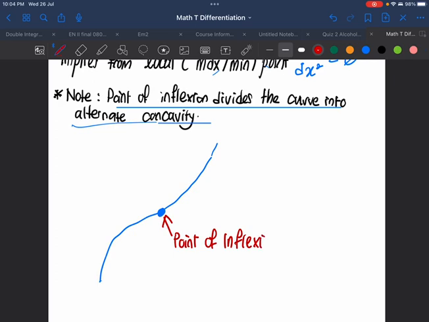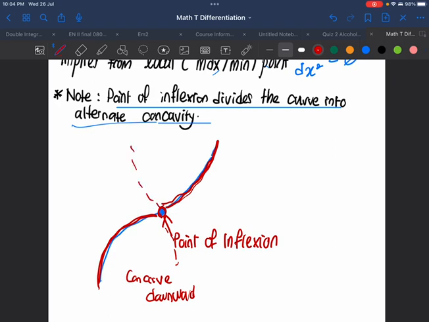You can see that here the curve is concave downward, right? But after the point of inflection, you will notice that the curve is going upwards. It's concave upward, right? So that is why we call it a point of inflection. This does not belong to the minimum point or maximum point. It's called a point of inflection.